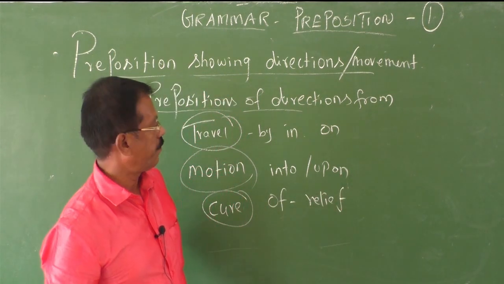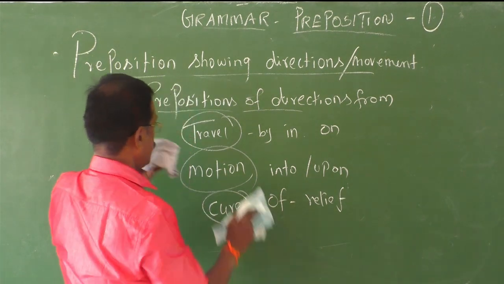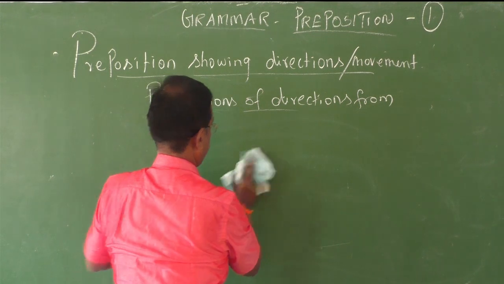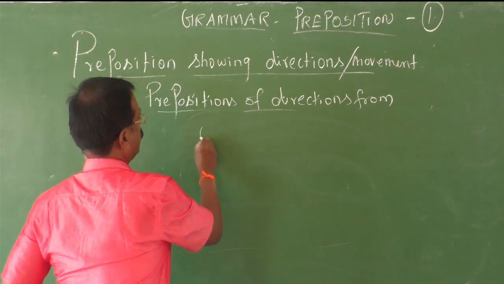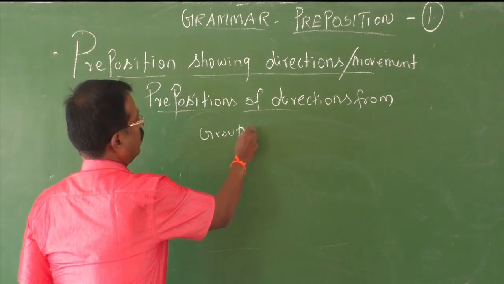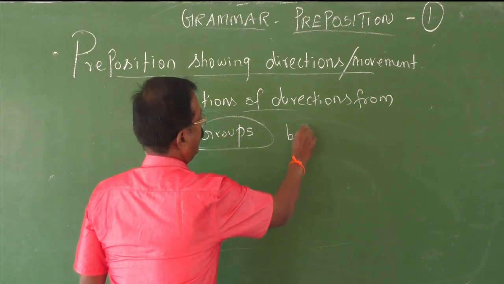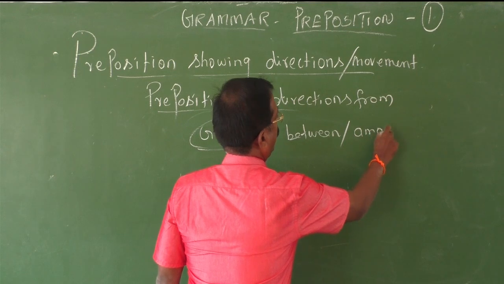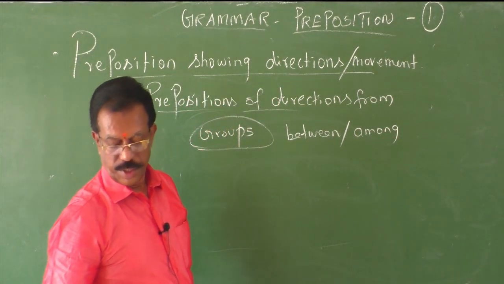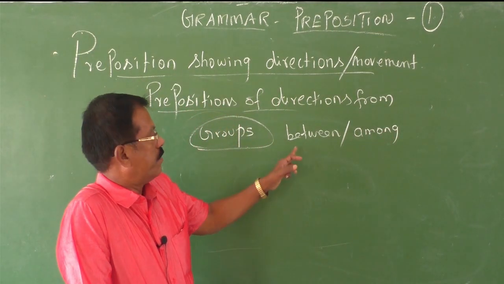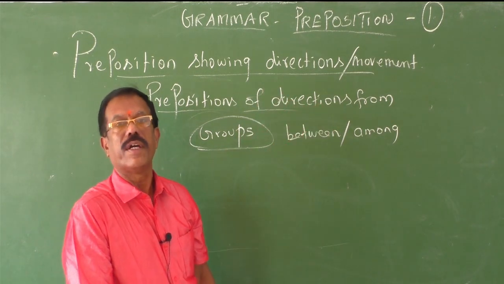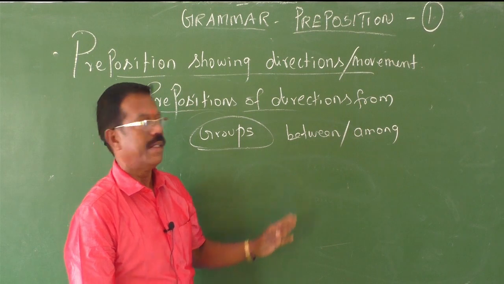Then groups. Prepositions used to refer to groups: between, among. When you talk about only two, there you can use between. When you talk about something more than two, then there you can use among. Okay, then tool.